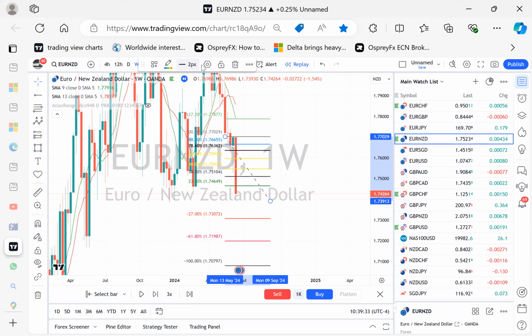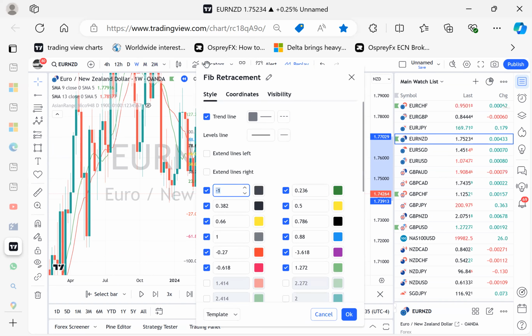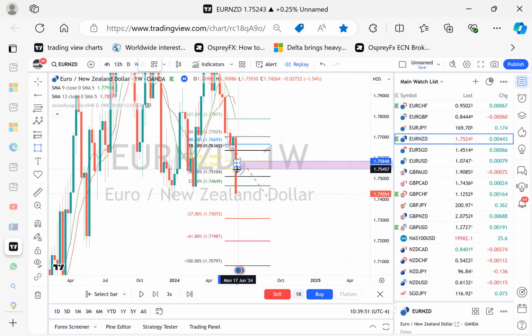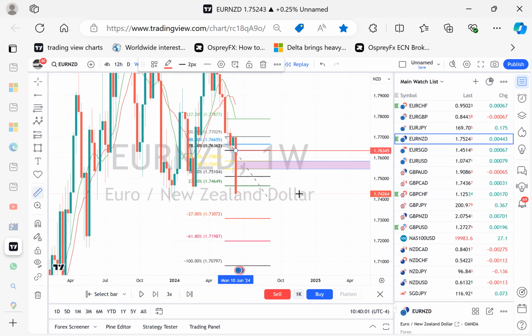Let me go in here and change my settings back to the old settings. That way, instead of it being at 66, we'll put it back at the 618. That's the standard fib setting, just so you can see how to mark this up. So for me, I bought this trade back up.